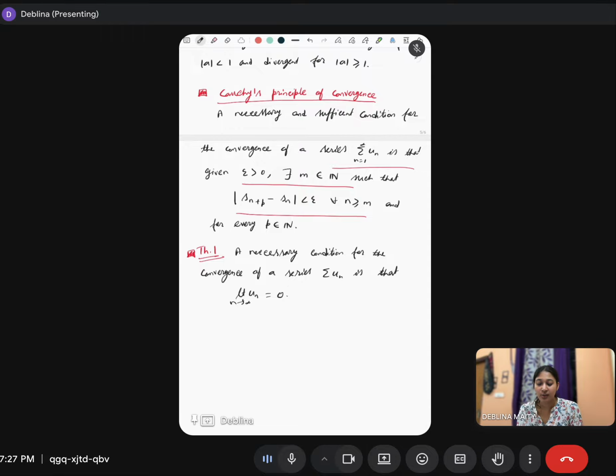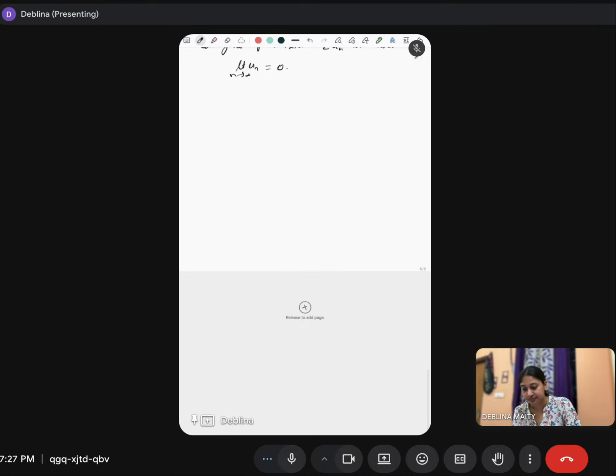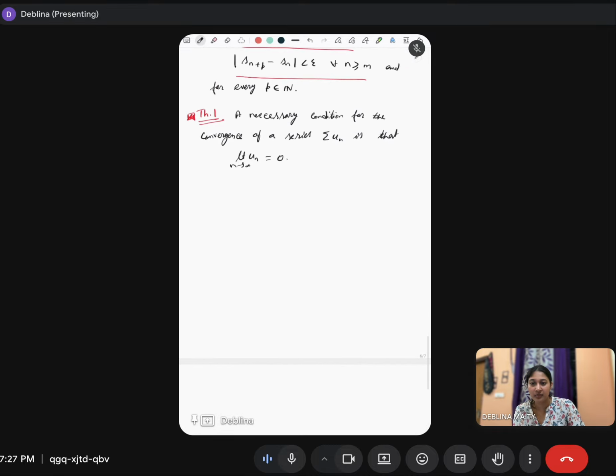This is a necessary condition: the nth term must go to 0 as n goes to infinity. Right?